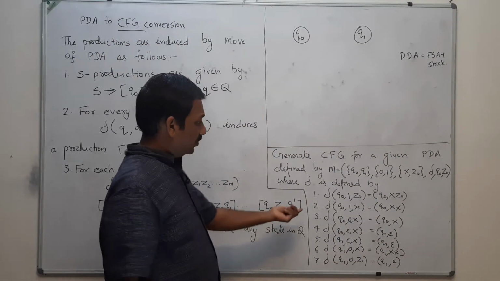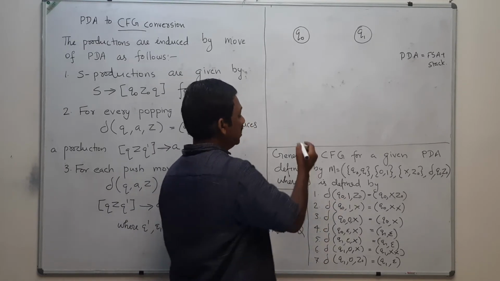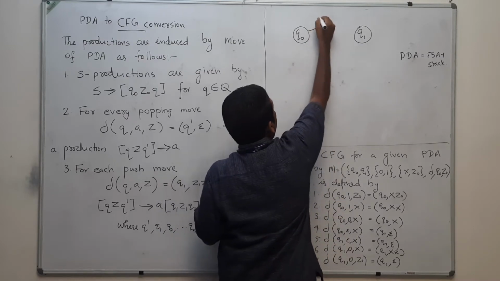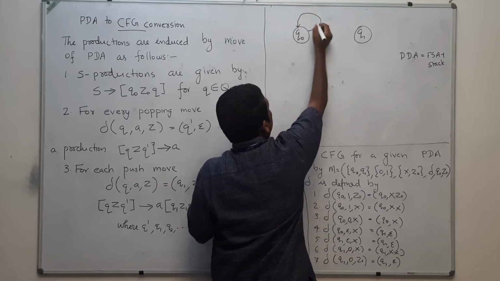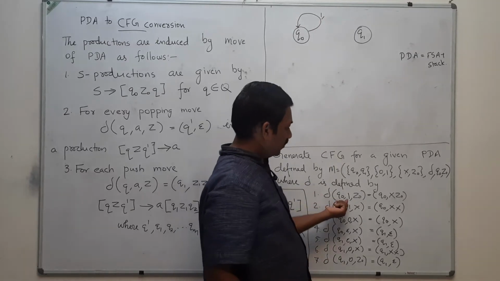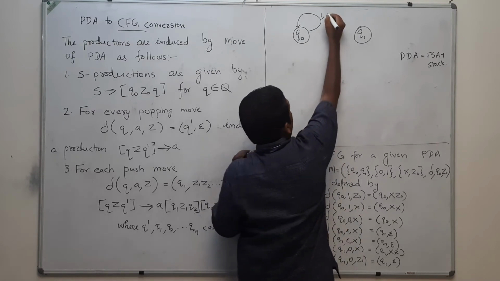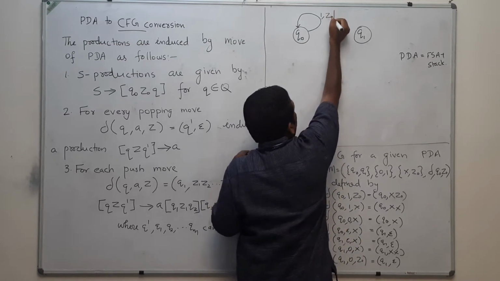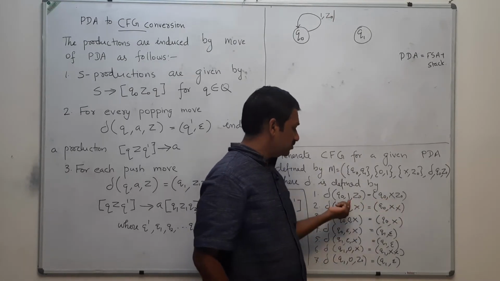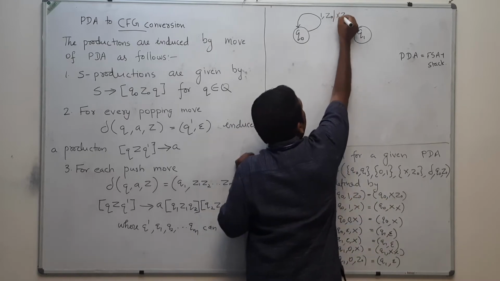So here, delta of Q0, 1, Z0: in state Q0, if the input is 1 and the current top of the stack is Z0, it is going to push X onto the stack. That is why here we have XZ0.